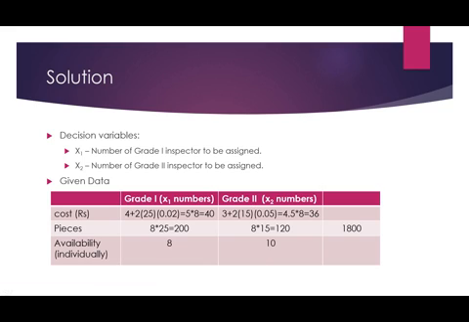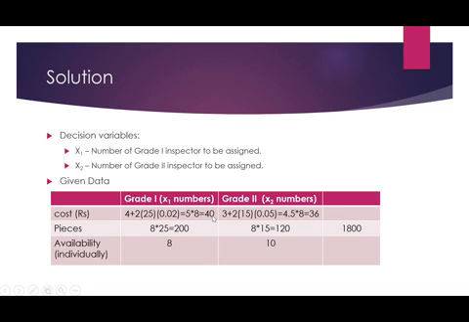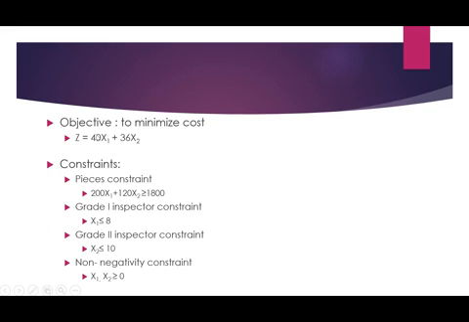So now we'll look at how these constraints are individually written. So the objective is to minimize the cost. Z is equal to 40x1. 40 is the value that I have got here, and 36 is the value that I've got here. So therefore, Z is equal to 40x1 plus 36x2.